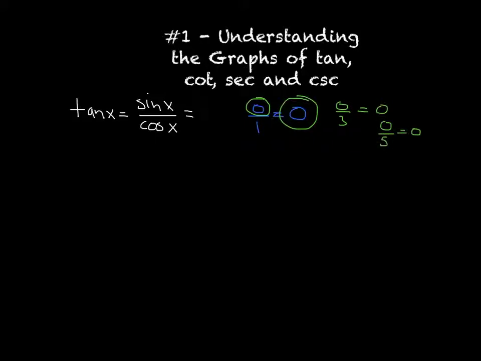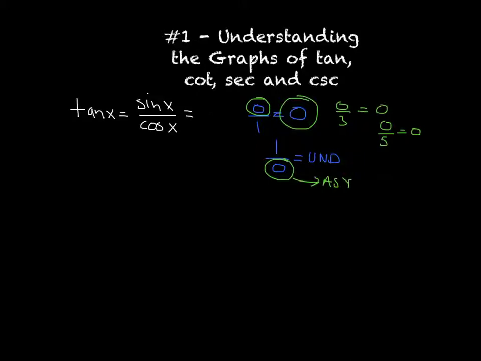All right? Now, what if you have a number over 0? What is that? That is undefined. All right? And if you have 0 on the denominator, that means that you're going to have an asymptote. All right? So, what did we just learn?